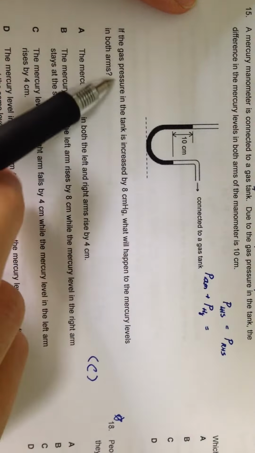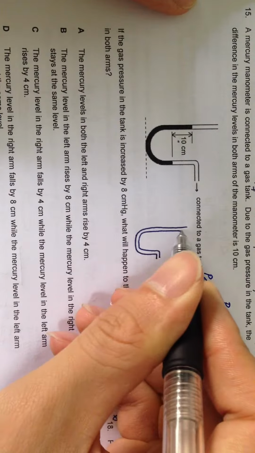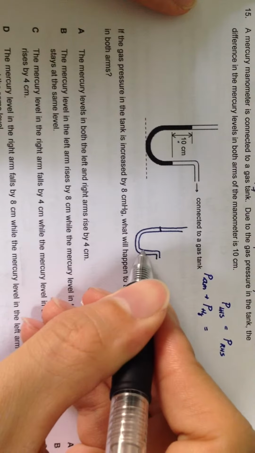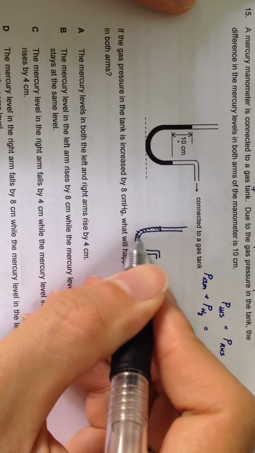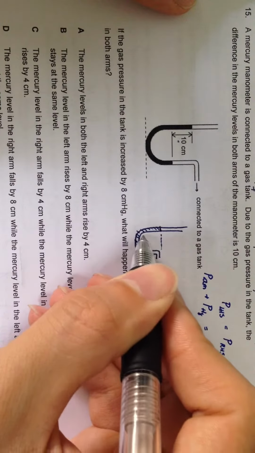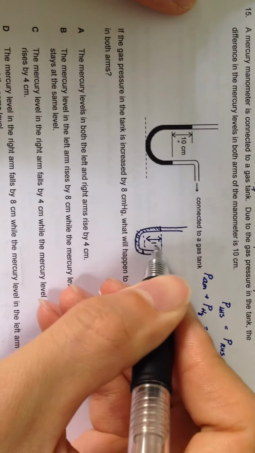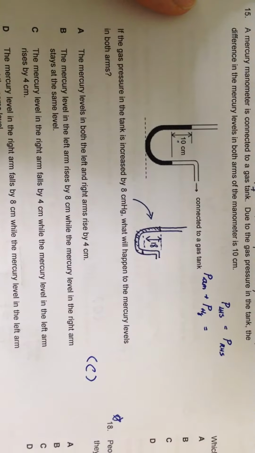So the new thing would look something like this if I draw it out. This thing here would become 18 when this happens.